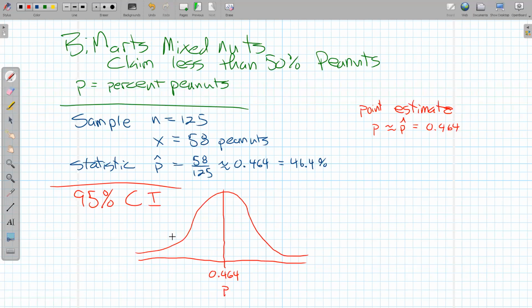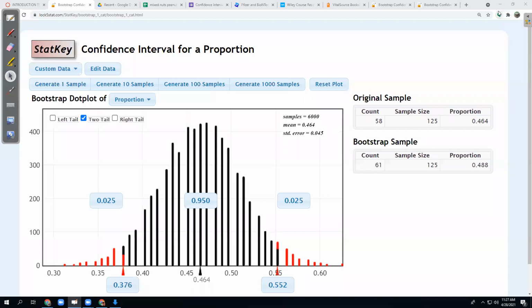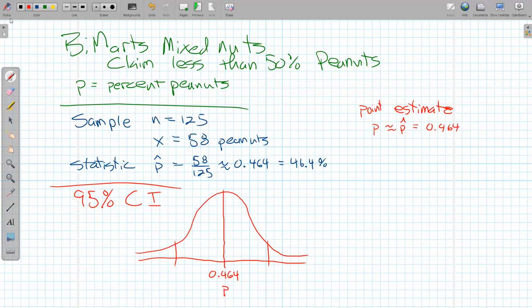And then from the point estimate, StatKey helped me find an interval estimate. And StatKey said 37.6, 55.2. I have an interval estimate. And then we'll get the margin of error and explain what this interval means.